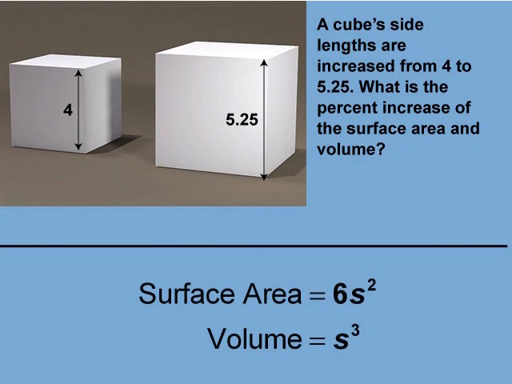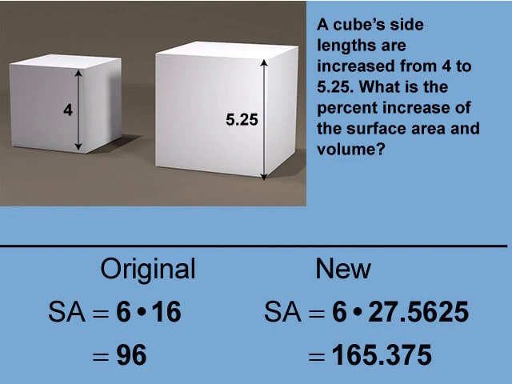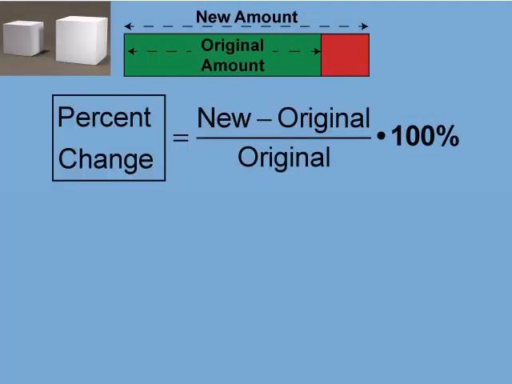Let's start with the surface area first. The surface area of the original cube is 96, while the surface area of the larger cube is 165.375. Let's calculate the percent change. We find the incremental change in the surface area and divide it by the original surface area.